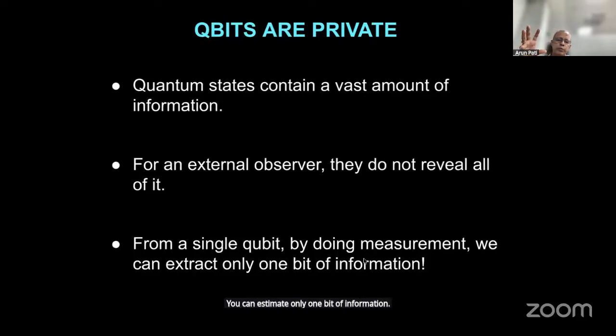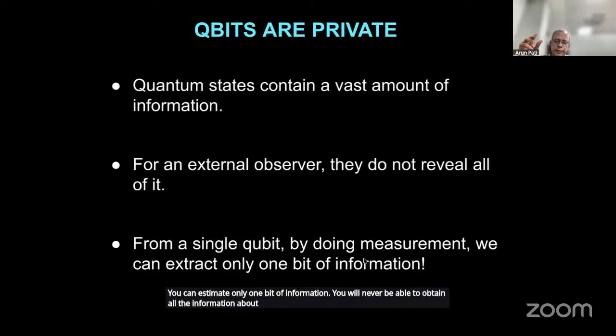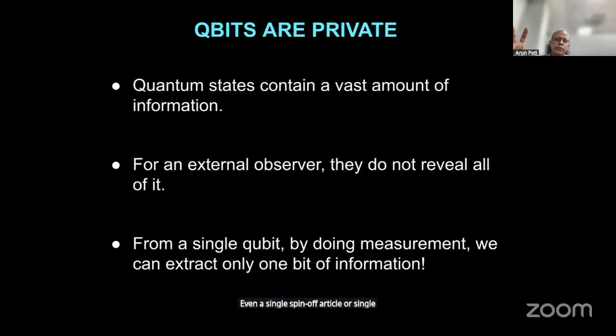You will never be able to obtain all the information about alpha and beta. That is the beauty of quantum mechanics: given a single copy, a single quantum bit, a single spin of a particle or single photon, nobody can determine what is inside the quantum bit.